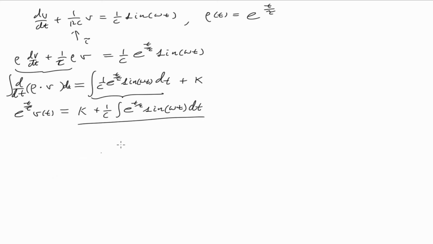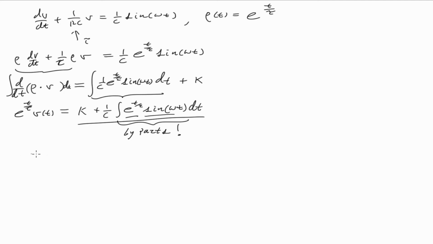And now we need to actually turn and figure out how to compute this integral, and it is very doable, but it does take a few steps. So, and we have to do it by parts. Okay, so let's do this by parts integral. What I'll do is take the antiderivative of e to the t over tau, and take the derivative of sine.